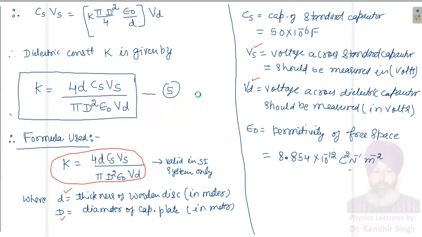So what should be our measurements, observations? Let us now write the observations for this. So the first observation will be capacity of standard capacitor.